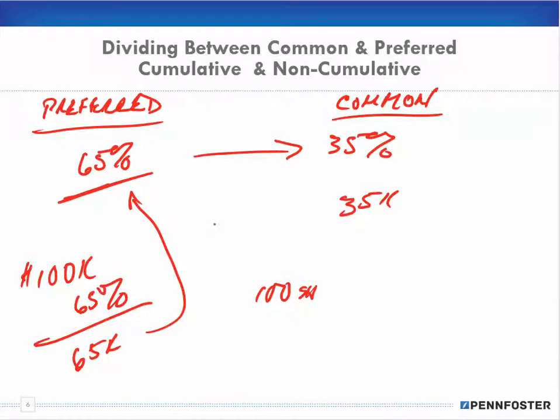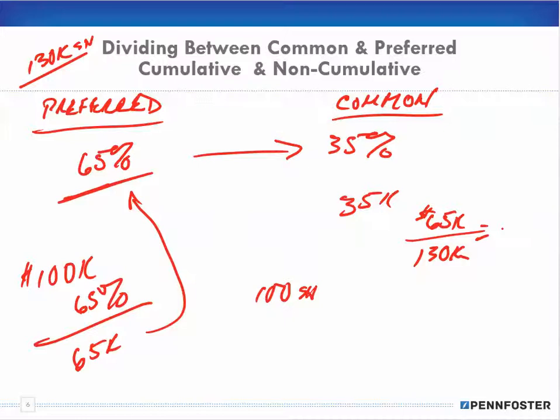Let's say there's 130,000 shares of preferred stock sitting out there. Well, if there's 130,000 shares of preferred stock and there's $65,000 of dividends, that means each share is going to be worth, I believe, 50 cents.